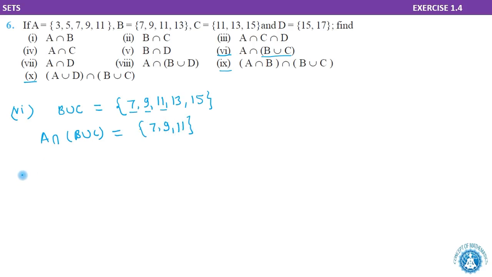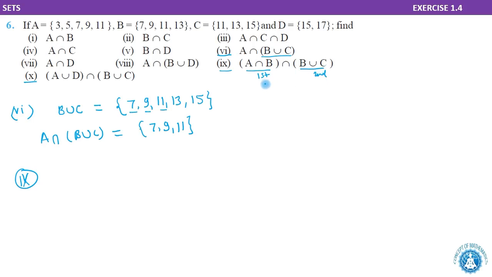Okay. Now move on to the next question, 9. First we have to find the sets given in parentheses. This one and this one.